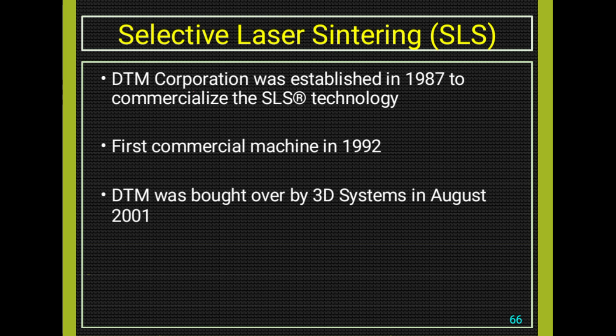It is also called as SLS process. This SLS process was established in the year 1987 by DTM Corporation, and it is a first commercial machine in 1992. DTM was bought over by 3D Systems in August 2001.